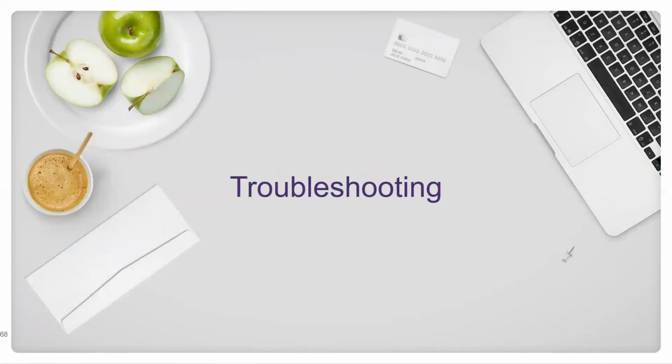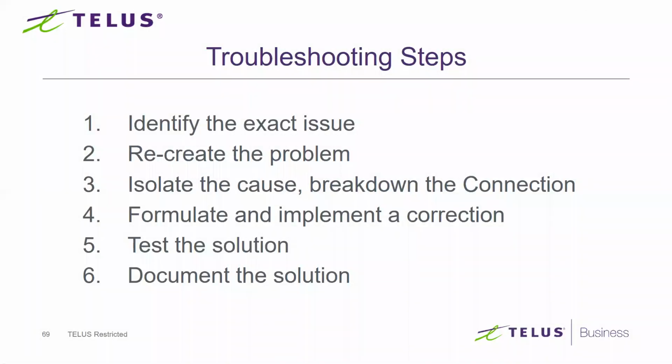Okay, let's touch on troubleshooting and looking at the elusive, kind of invisible magic behind the curtain when it comes to data networking and how difficult it can be to troubleshoot. So the common steps that we typically look at is identifying the exact issue. You want to make sure that you understand exactly what's happening and what the symptoms are.